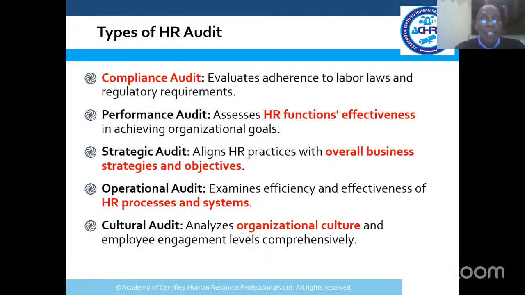There are various operational aspects that we are going to look at. One is the policies. Policies help us in the day-to-day operations, be it in recruitment, be it in training, be it in discipline. All these are guided by policies. So as HR managers, we need to assess our processes and the systems to ensure that they are functioning effectively.